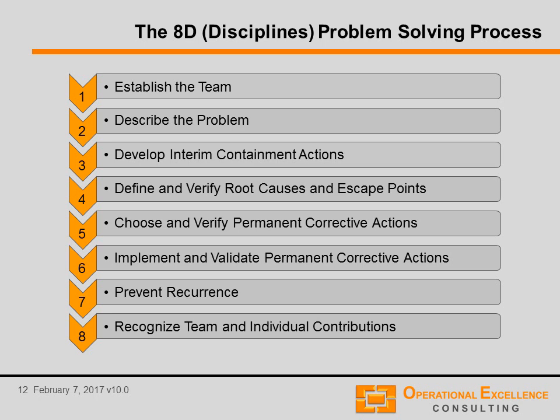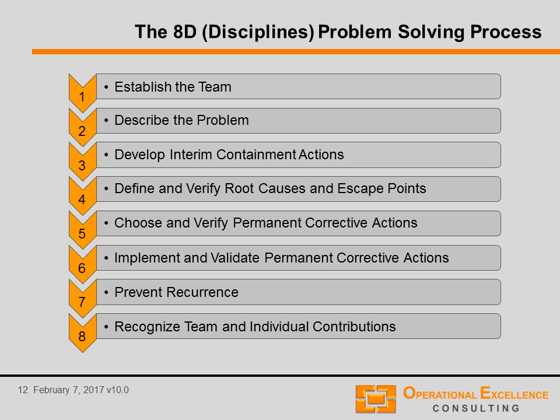Second discipline is about describing the problem. So we're going to create a problem statement, we're going to do a good problem description, and we're going to start looking at possible causes of the problem. So there's a lot of work to do in discipline number 2 or phase number 2, and there are several tools that we can use or that will help us to do so.